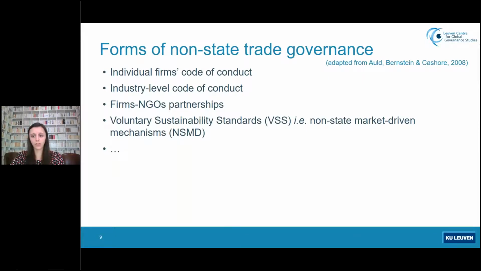So in the literature, you can also find other terms for VSS. For example, you can find non-state market-driven mechanisms, or NSMD. They can also be called eco-labels or sustainability certificates or eco-certification, but these are basically all the same, and we are going to call them VSS.